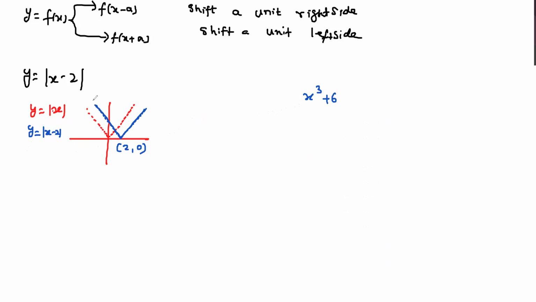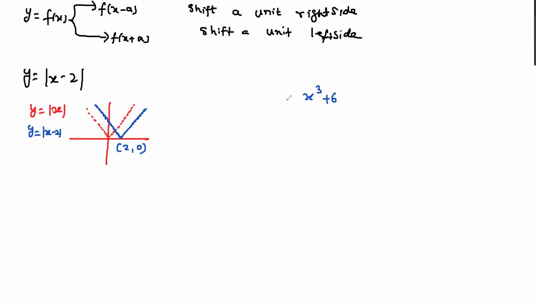If I shift here like this, at this point you will get 0 comma 2. Now put the value of x is equal to 0. But what is the difference?